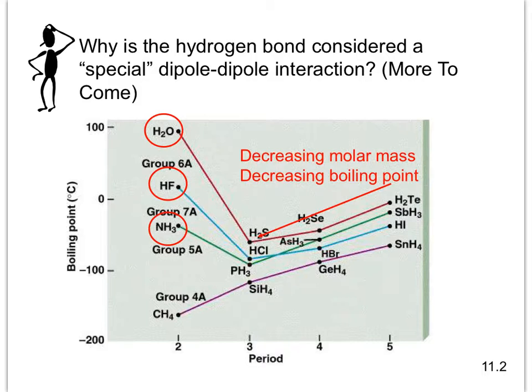So if you look at these masses, water is 18, HF is 20, and NH3 is 17. So you might expect those to go from highest mass to lowest mass in order, but because water has that really nice charge difference, it is the highest, even though it's not the lowest mass.